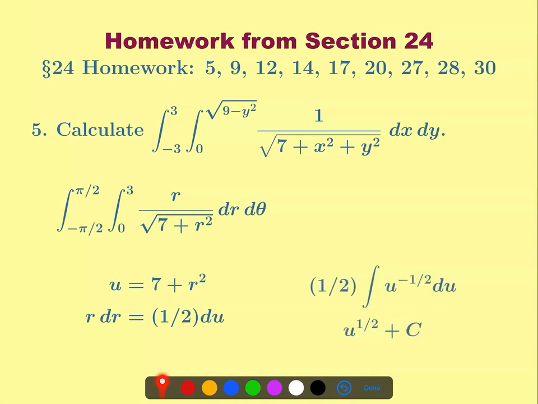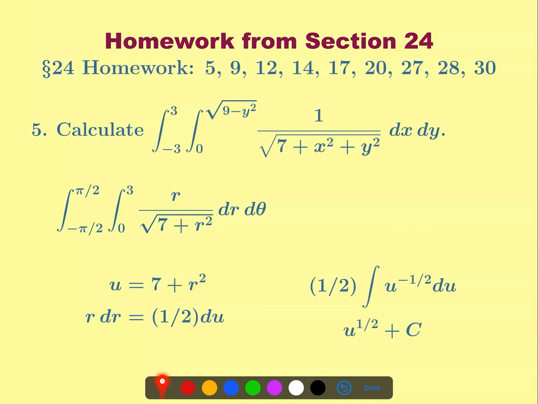So the integral we're basically doing is 1/2 du, coming from the r dr, times u to the minus 1/2. When I integrate this, I'm going to get u to the 1/2 over 1/2 times 1/2. So it's just going to be u to the 1/2 plus a constant here.